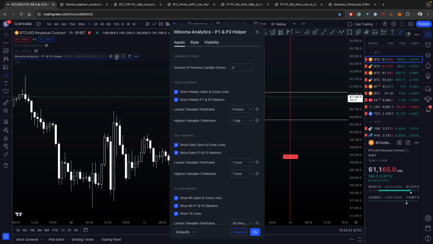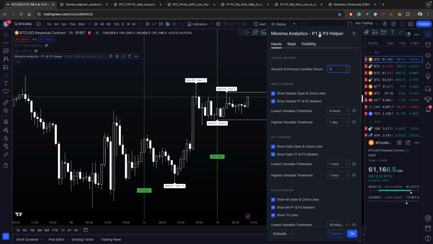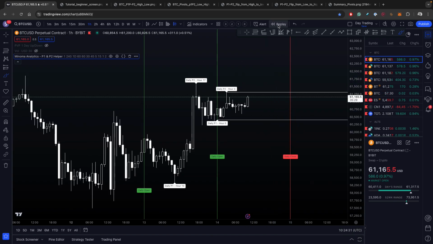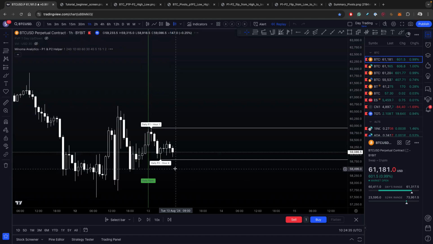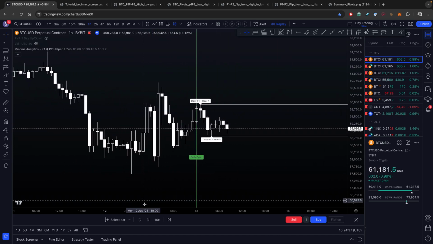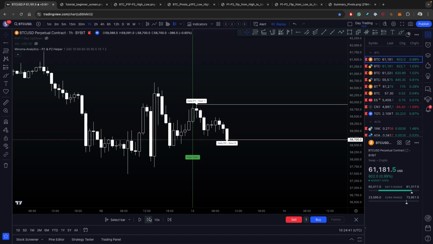Let's see if we can find one example of a P1, P2 flip. Yes, yesterday already. So you can actually look back with this setting if you want to do some backtesting. So what we saw here yesterday, and then you see it in action, is that we had P1 as the daily high and P2 as the daily low.